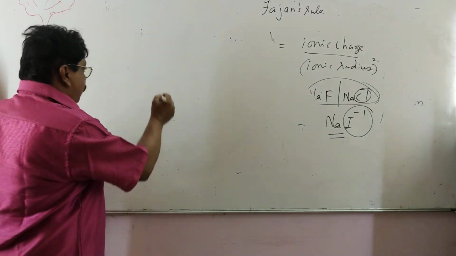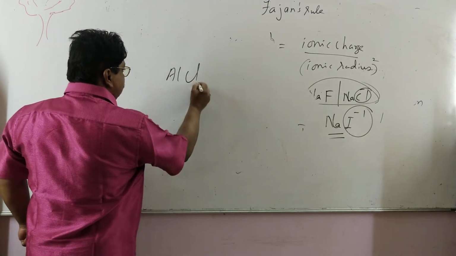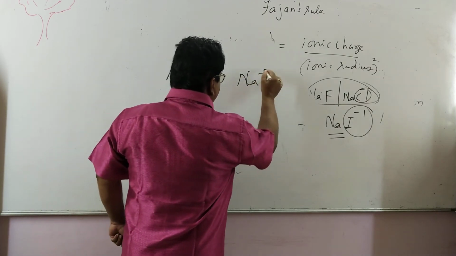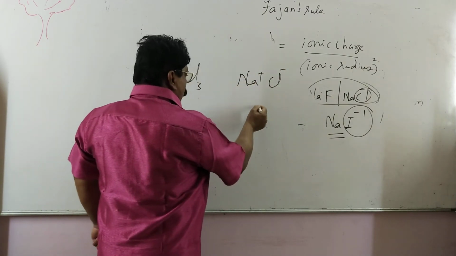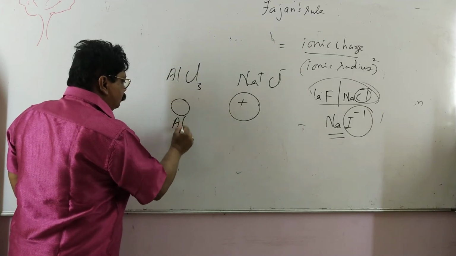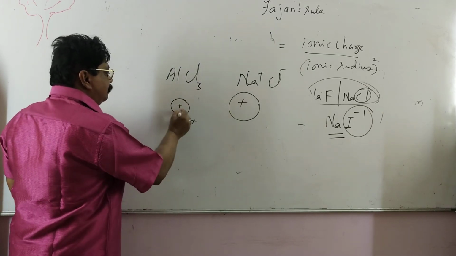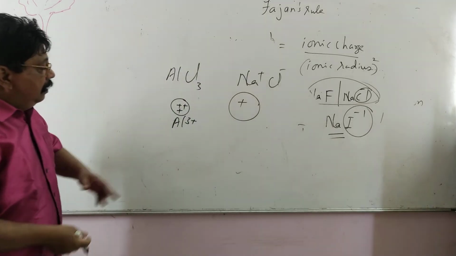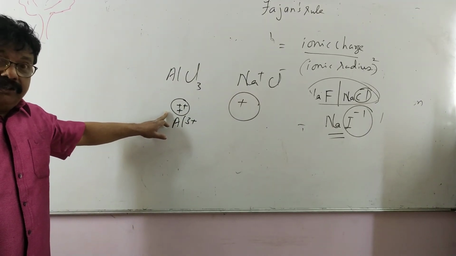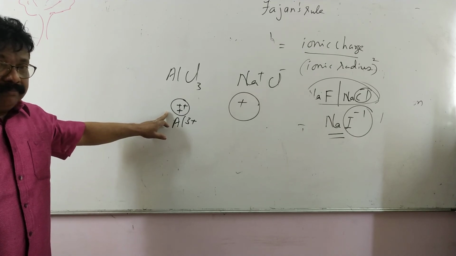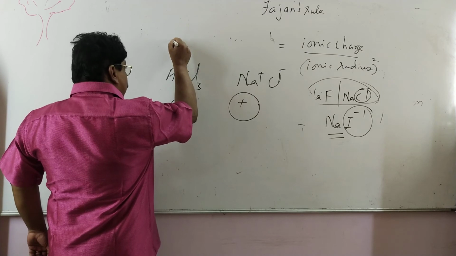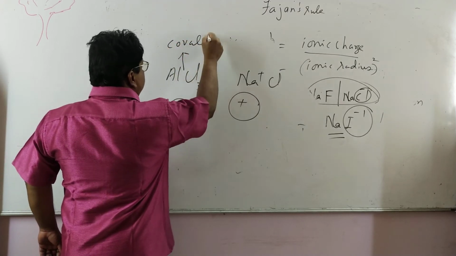My children, in the same way, if you take aluminium chloride and NaCl, see this Na plus and this aluminium 3 plus. The volume is less, so the positive charge density will be more. So AlCl3 gets partial covalent nature.